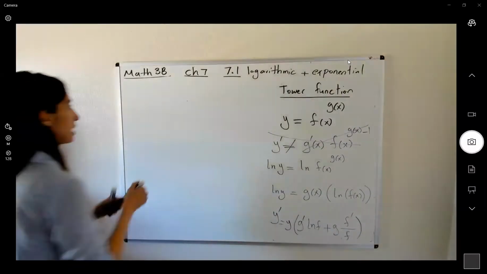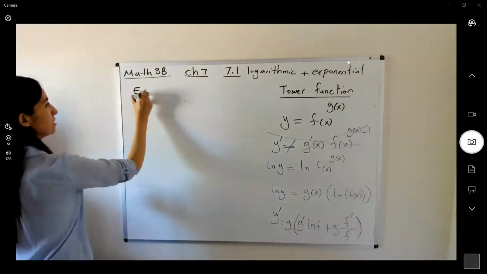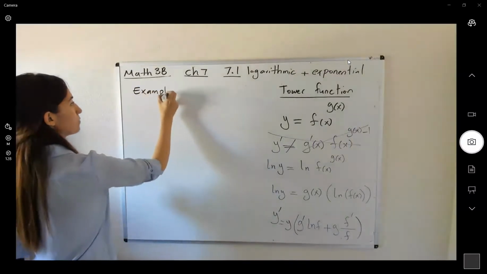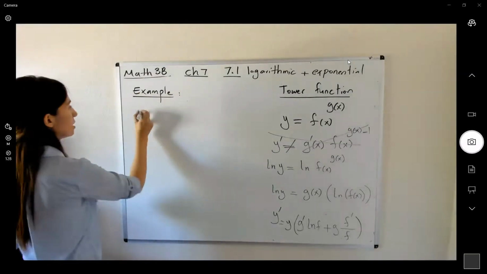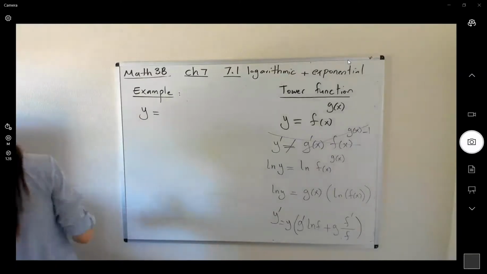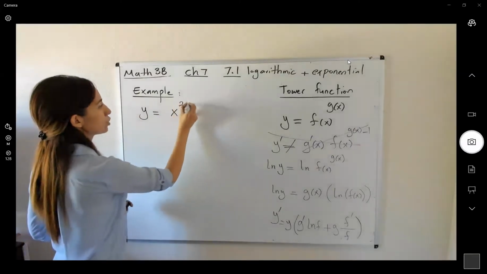Take a look at this example. The question says, take the derivative of the tower function y equals x raised to 2x.